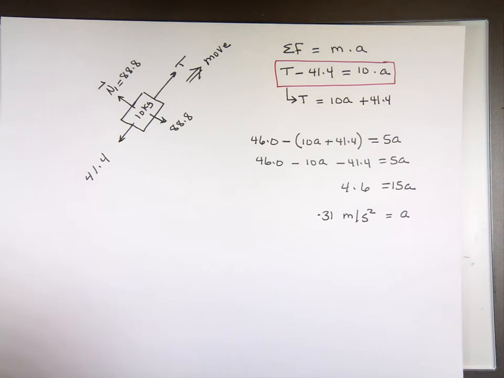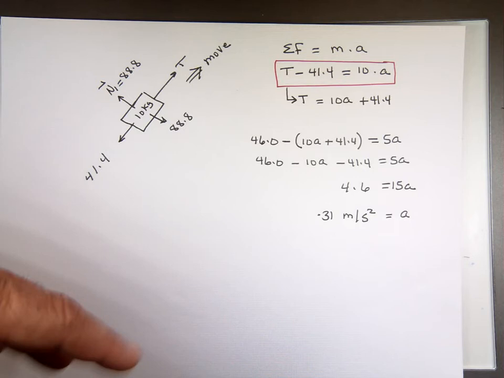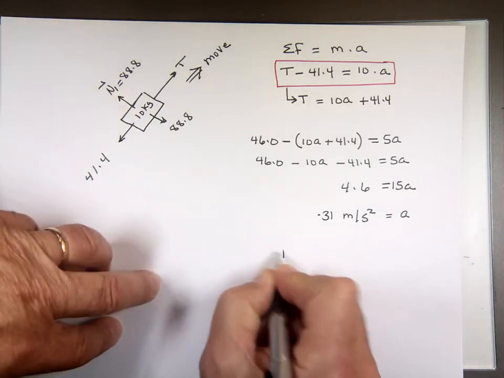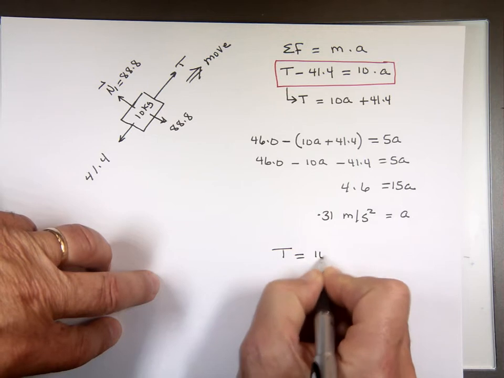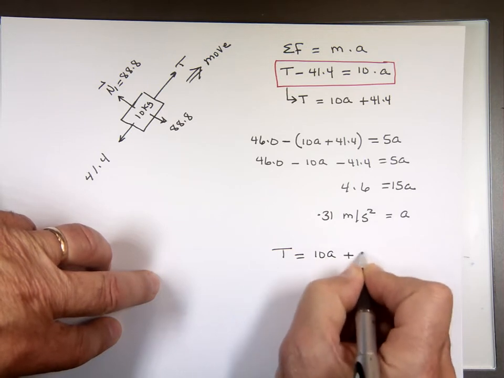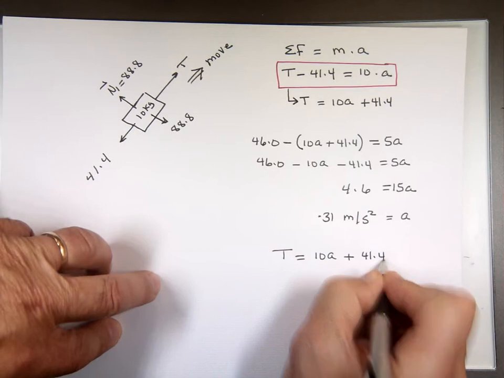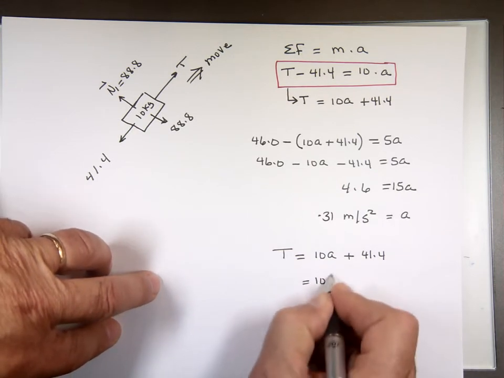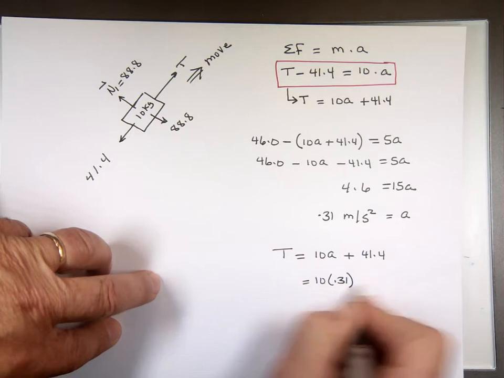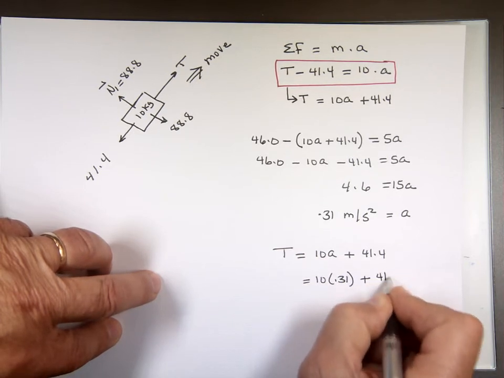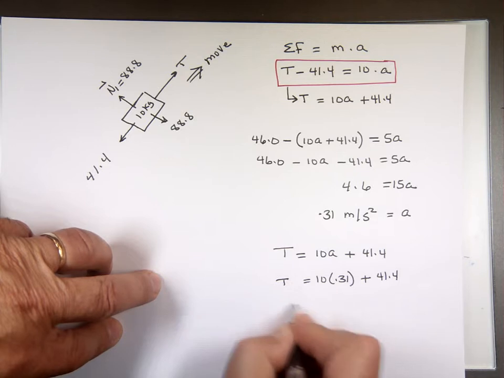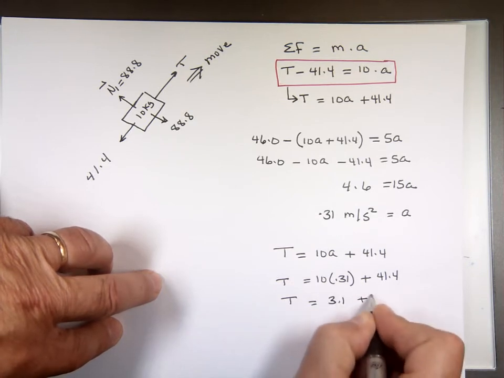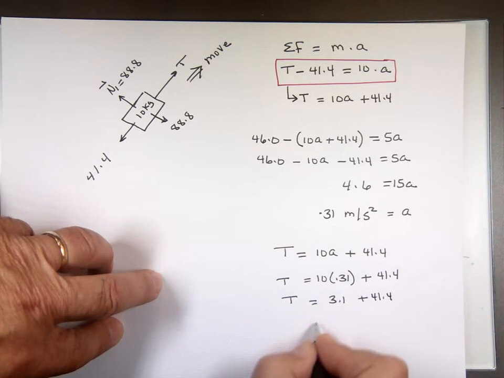If I know the acceleration, can I calculate the tension in the rope? It's 10a. I can use either equation, but that's an easy one since I already have a. 10 times 0.31 plus 41.4, 3.1 plus 41.4, what's that, 44.5?